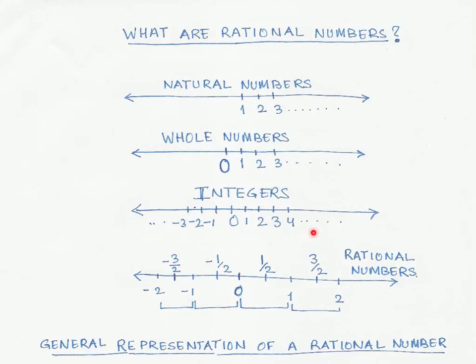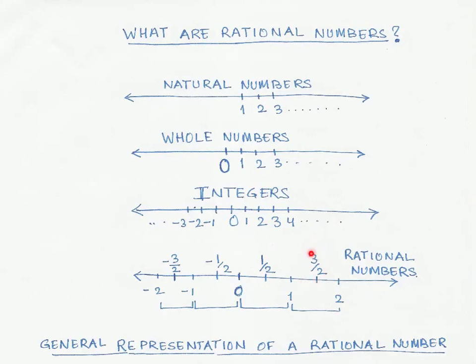Now you can see here that we have this number line where initially we had 0, 1, and 2. Now what we have done over here is that the distance between 0 and 1 is divided into half, and we have used a number half to represent this point on the number line. Similarly, the midway distance between 1 and 2 is represented by this number over here, 3 by 2.